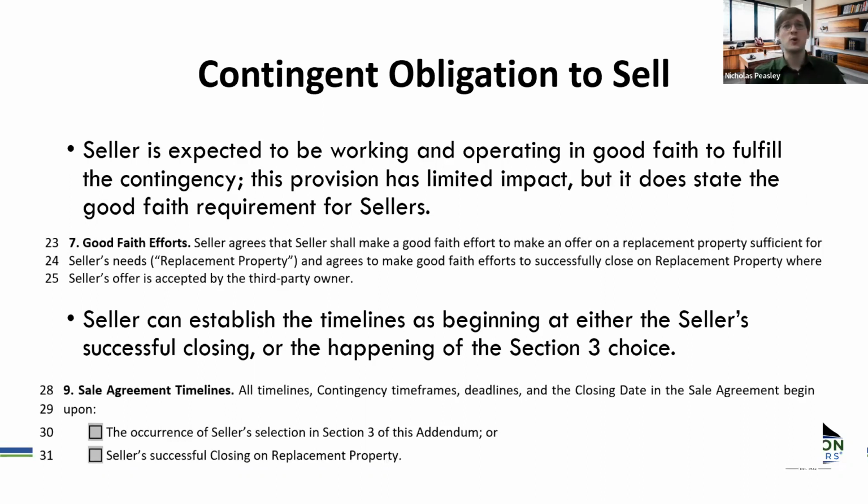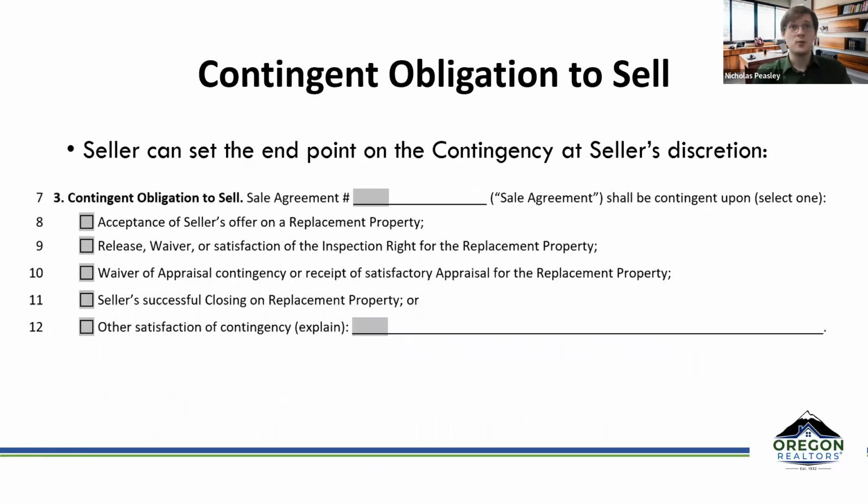Or the seller has to order a title report the day after mutual acceptance. If you check the first box, it might be seller doesn't have to order that preliminary title report until the seller successfully closed on the replacement property. It might be that seller doesn't have to order the preliminary title report until the seller has released the satisfaction or been satisfied with the inspection reports on the replacement property.